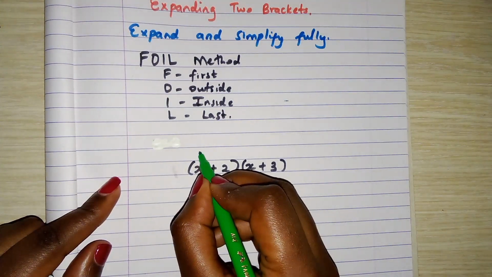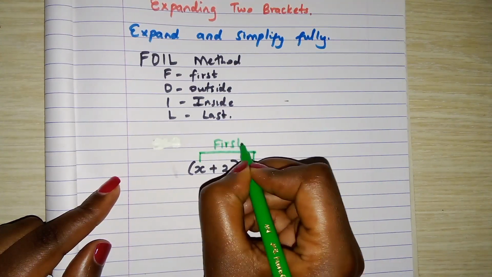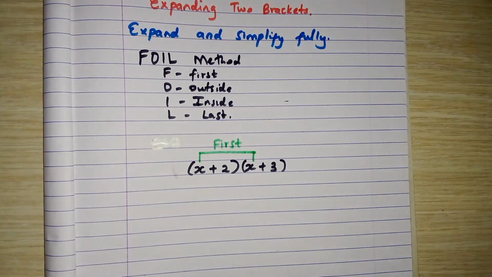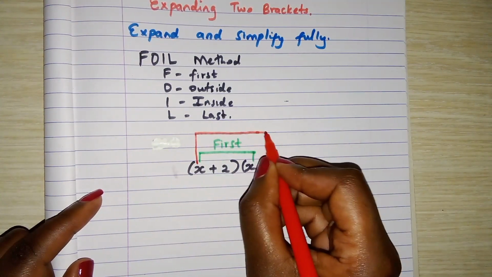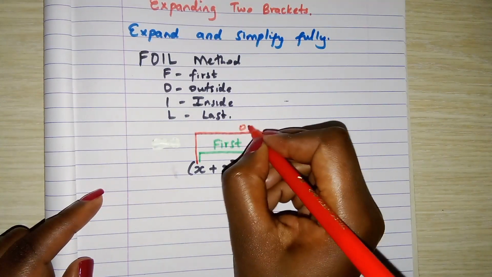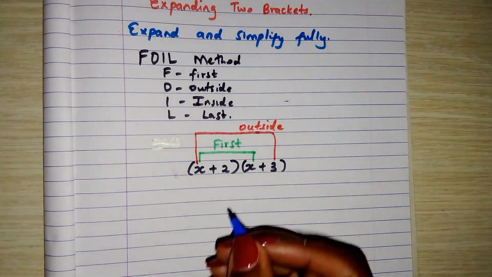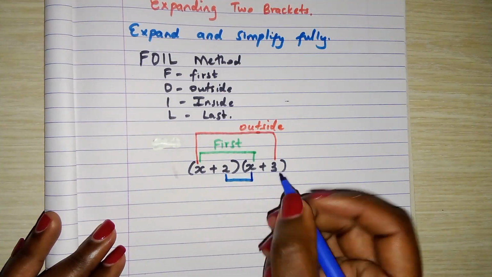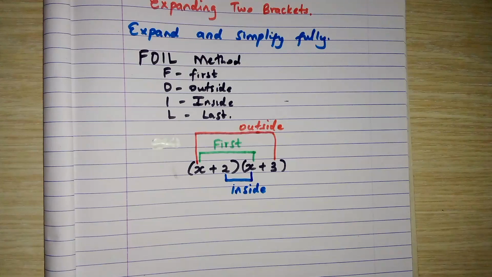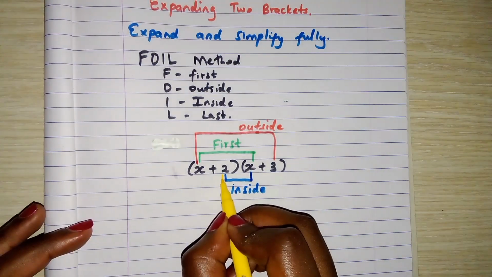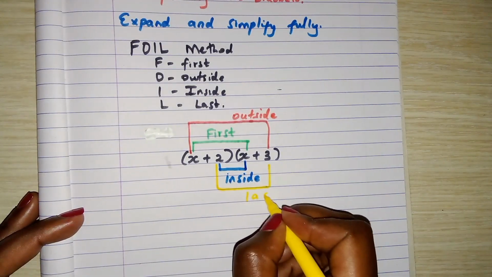So this x and this x, we call it first, and then we have the same x with the last number, where the last term is outside. Then we have these two and that one is inside, and last but not least we have the same 2 and 3 is last.